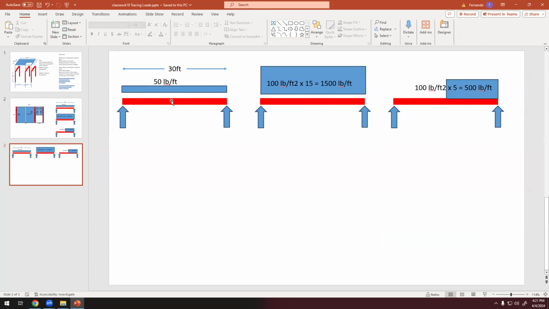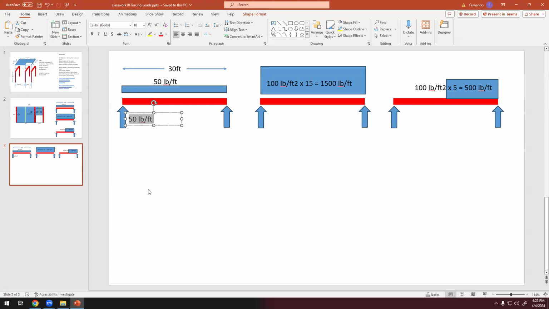Okay, so if we have this, what is the first thing that we have to calculate? We have to calculate reactions. So what is this reaction? What is the value of this arrow? $750. Any other opinion?